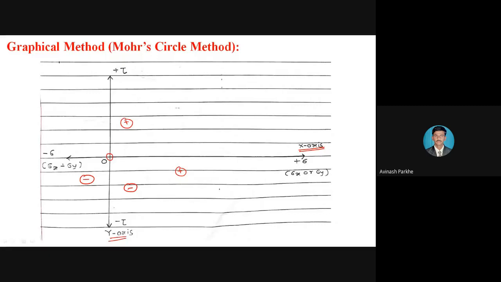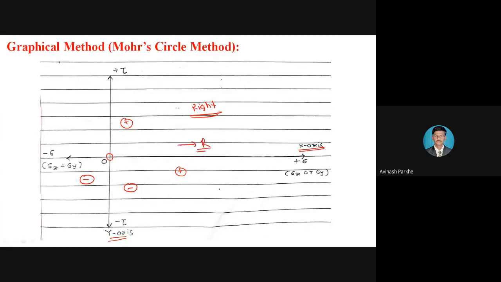Similarly, if sigma x and sigma y both are positive, both are represented at the right side of the origin. This is very important. If sigma x is positive, I represent it at the right side.